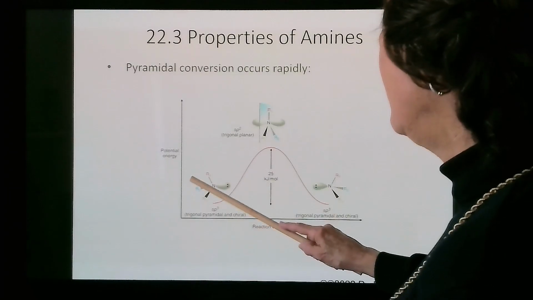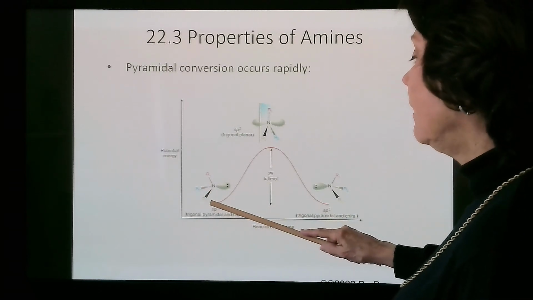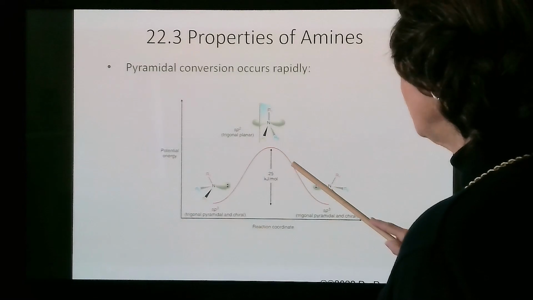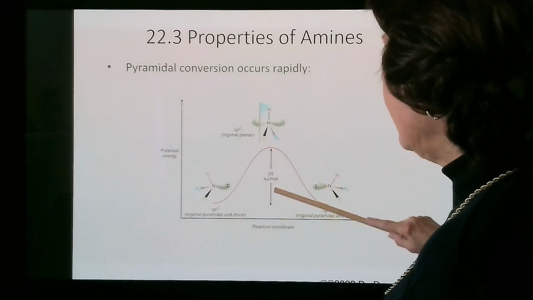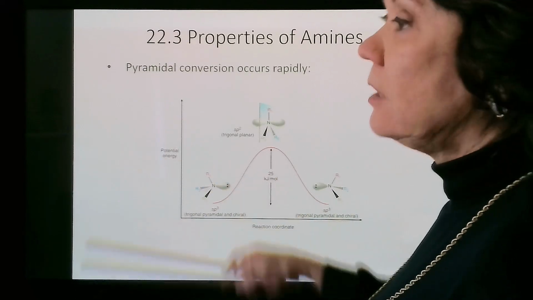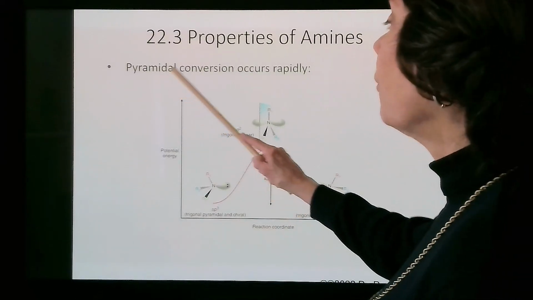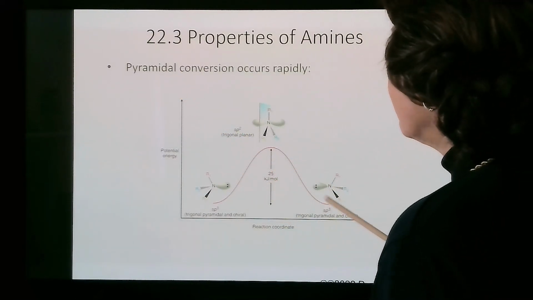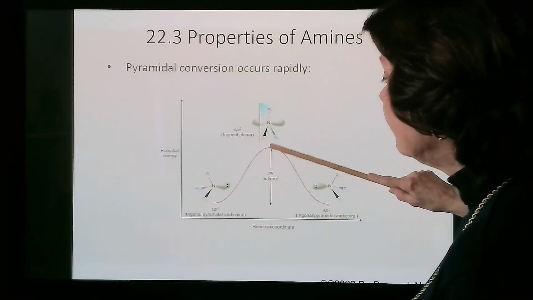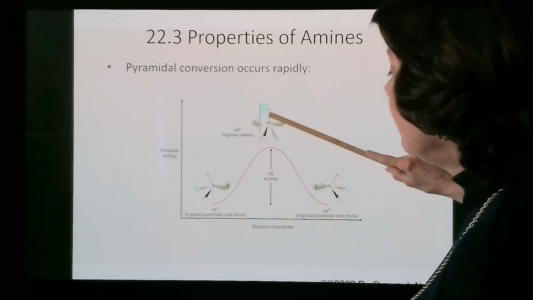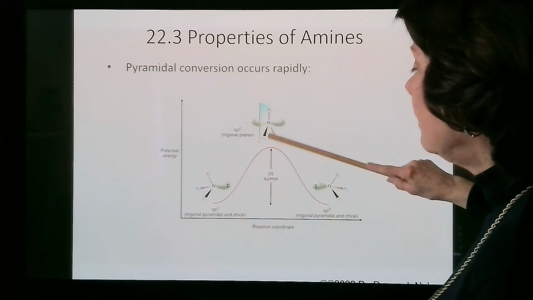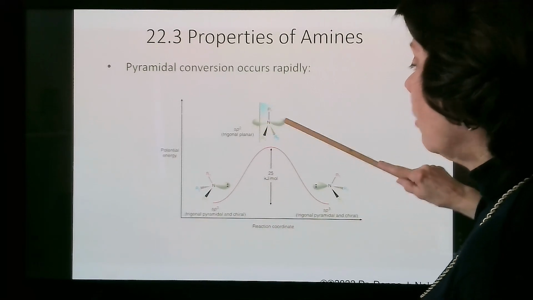So you can see that the energy barrier for inversion here is 25 kilojoules, very low, easily achieved at room temperature, so pyramidal inversion occurs very rapidly. And here you can see it has to go through a transition state in which the molecule is planar. And you can see the p orbital here.